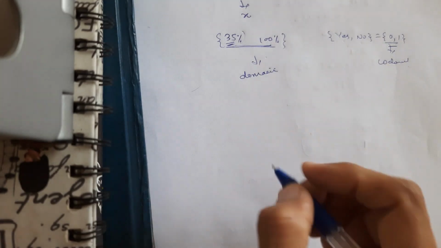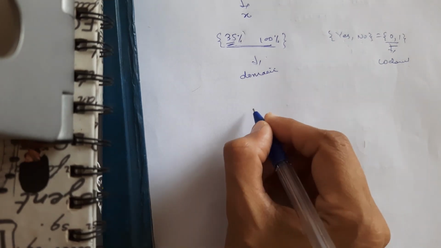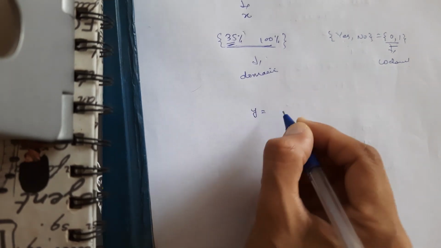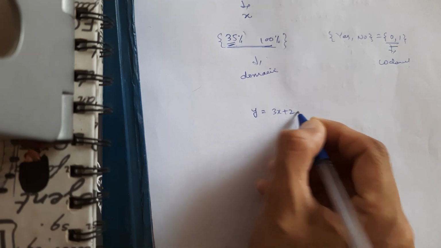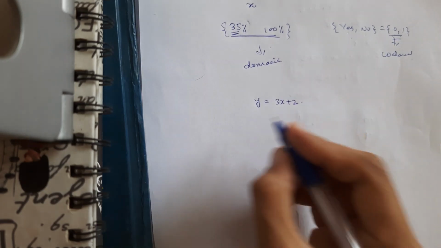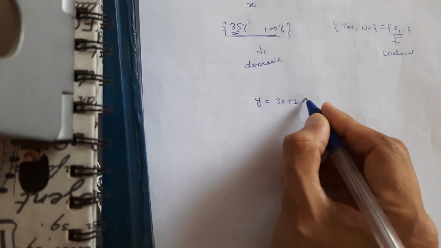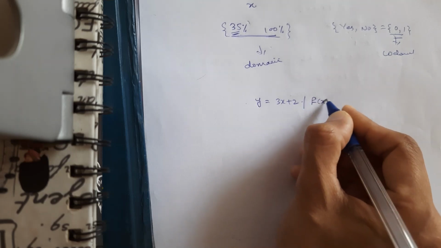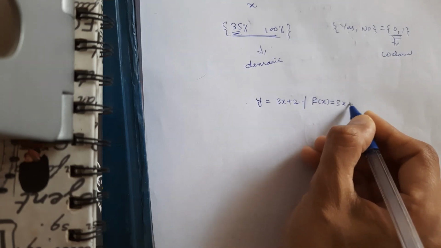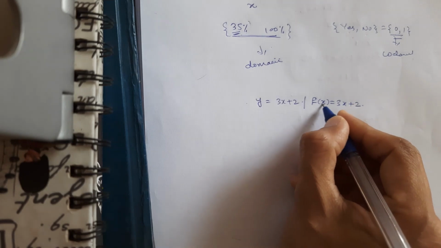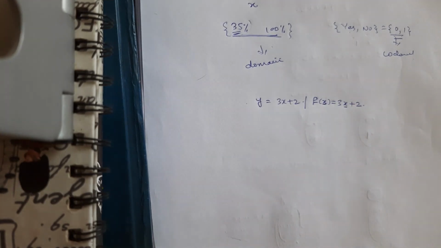Now how we calculate the value of a function, that I already showed you. Suppose I have a function y equals 3x plus 2. I can also write this as f of x equals 3x plus 2. Now here I have x, here I have x. I mean these are the dependent variable.